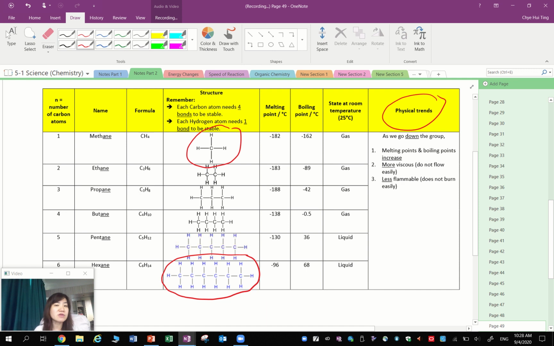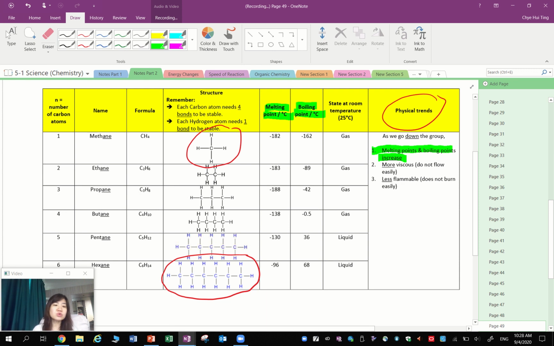If you notice this particular column on melting point and boiling point, you can also see that as you go down the group, it starts to increase. The numbers get bigger. So this explains the very first physical property: as we go down the group, the melting and boiling point increases.